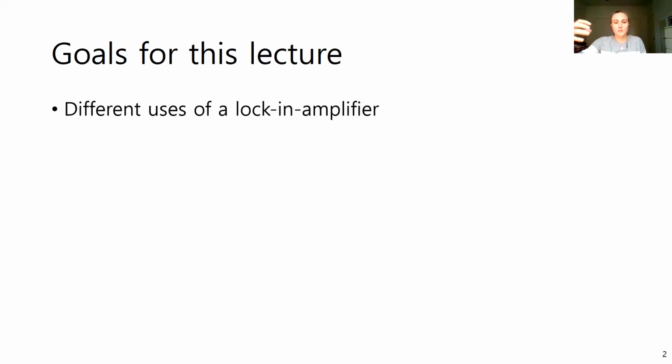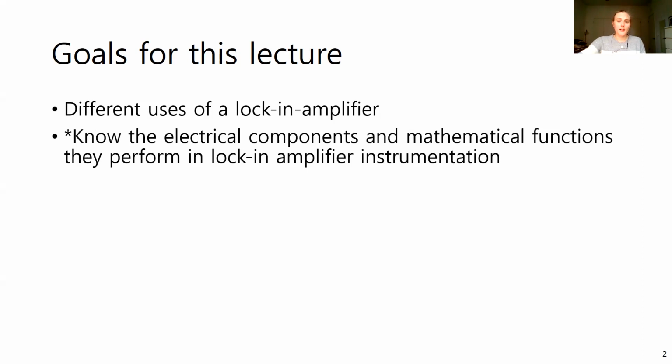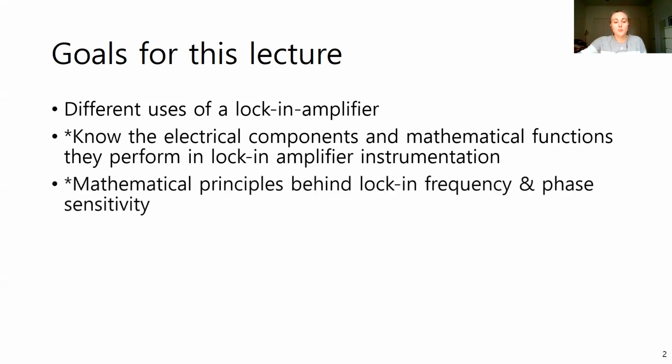We're first going to go over the different ways that lock-ins can be used. There are different methods you may apply them to. It's important to know the key electrical components that go into a lock-in amplifier and what mathematical functions they perform. We're going to go over the mathematical principles of how the lock-in works in detecting both the frequency of a signal and also the phase.